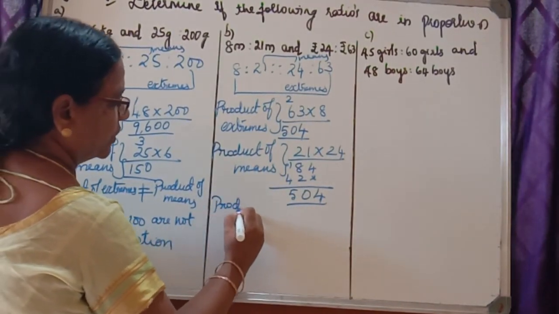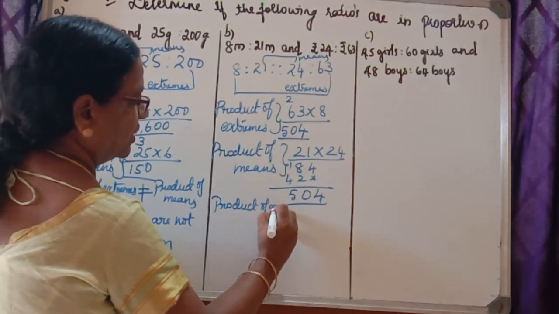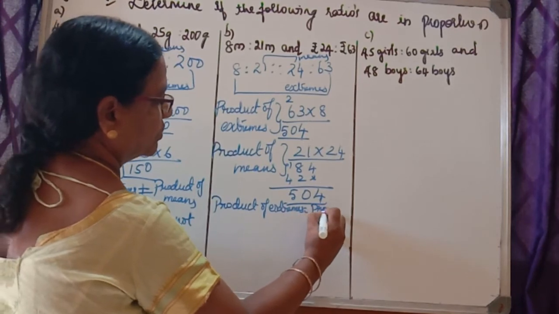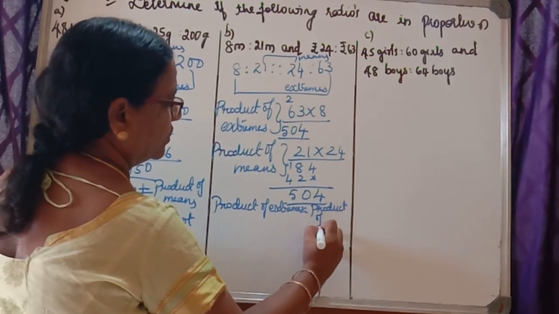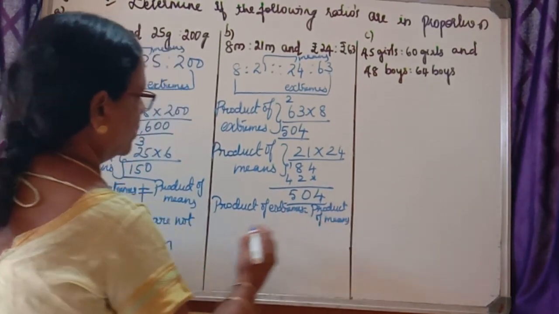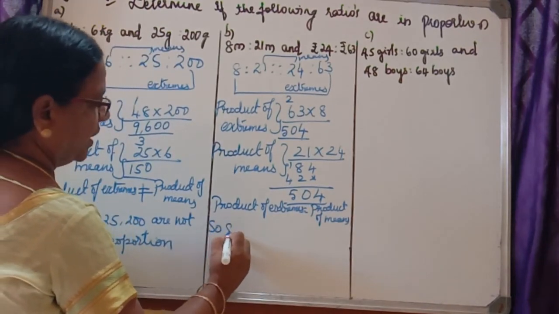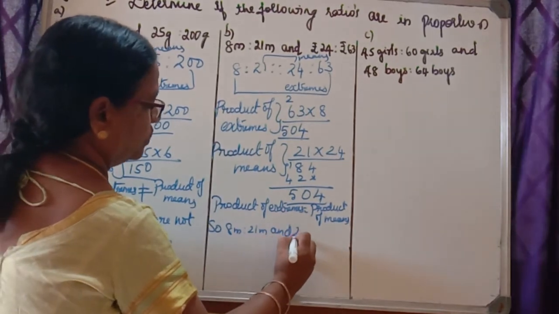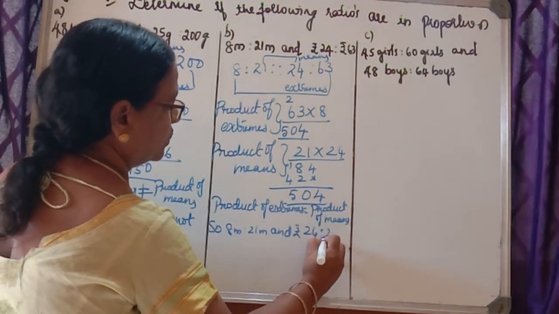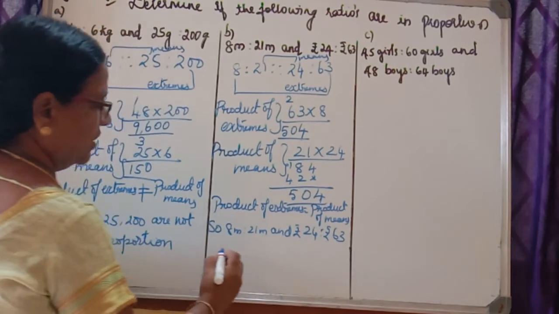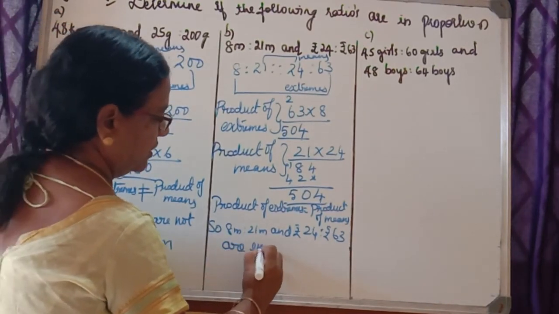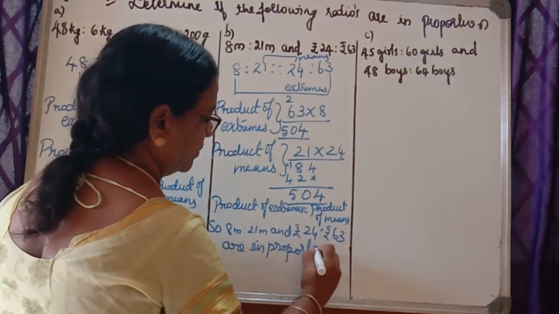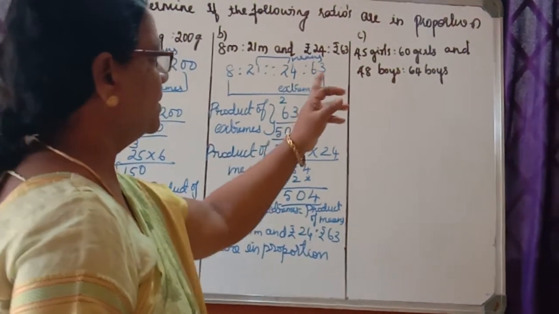So the product of extremes is equal to the product of means. So 8 meter is to 21 meter and rupees 24 is to rupees 63 are in proportion. Now we'll move to the third sum.